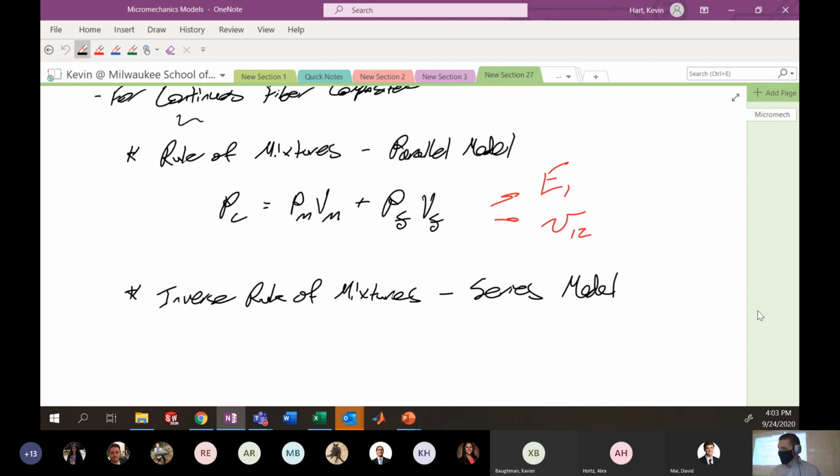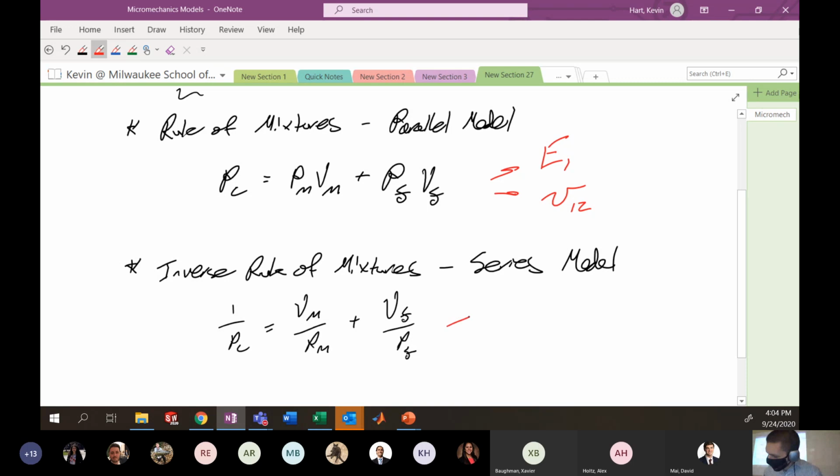Okay. So the inverse rule of mixtures, the series model, is 1 over property of the composite is volume fraction of the matrix over property of the matrix, plus volume fraction of fiber over property of the fiber. And I'll say this is good for G12. It is sometimes used for the modulus in the 2 direction, but I'll say only okay.